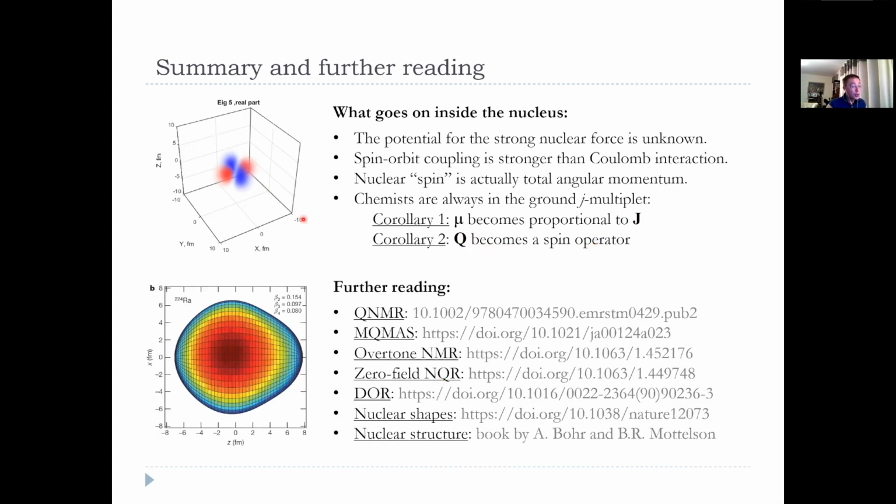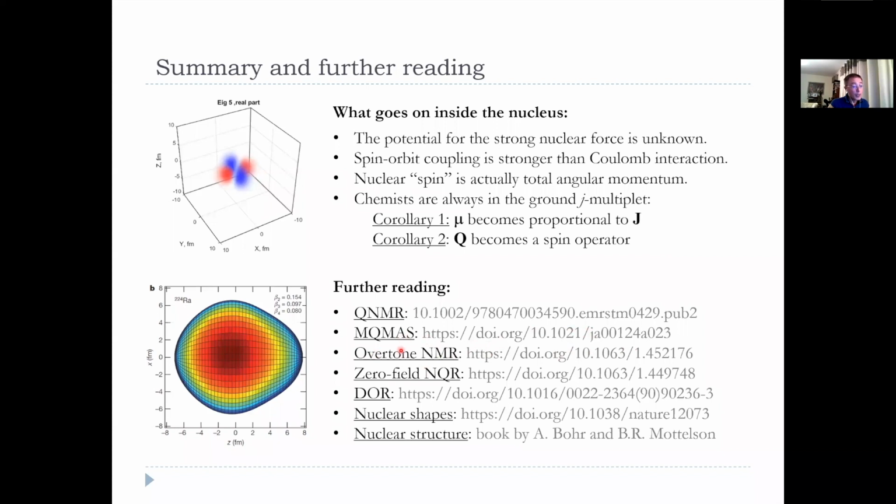And I would encourage you to do quite a little bit of further reading on this. The quadrupolar NMR is introduced very nicely by Pascal Man in the NMR encyclopedia. Probably the most beautiful application was invented by Lucio Frydman and company. So this is their original MQ-MAS paper.